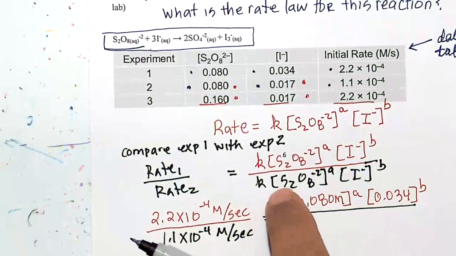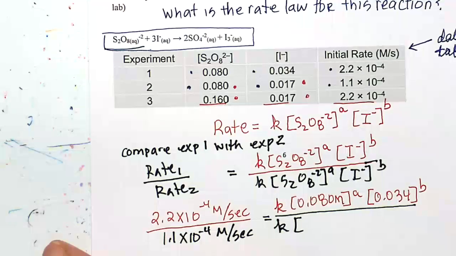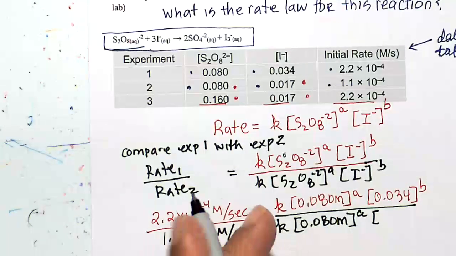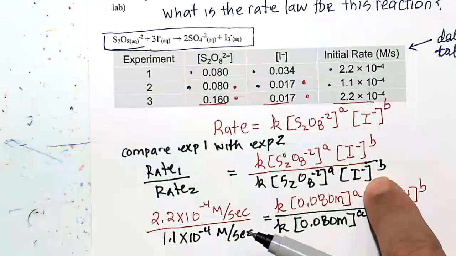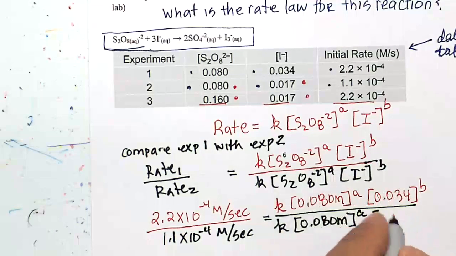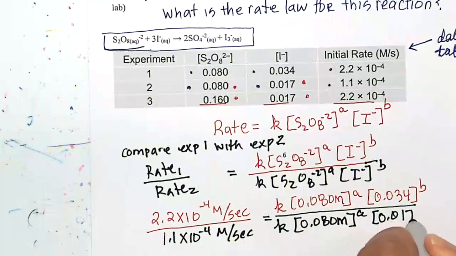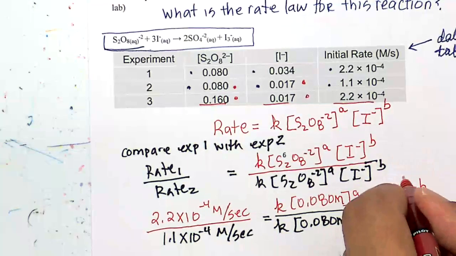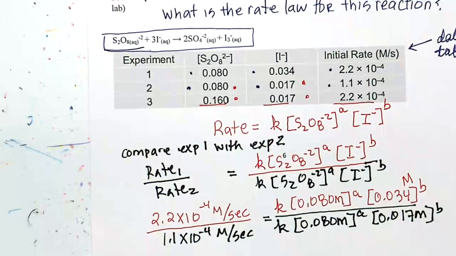What is S2O8 minus 2 for experiment 2, rate 2? Same thing. And what is I minus, Antoinette, for experiment 2? Raised to the B power. Very good.